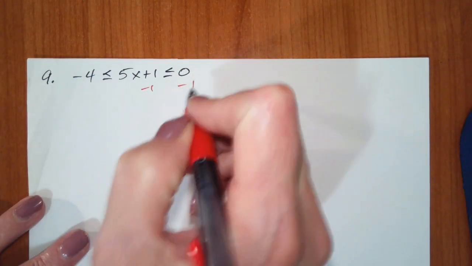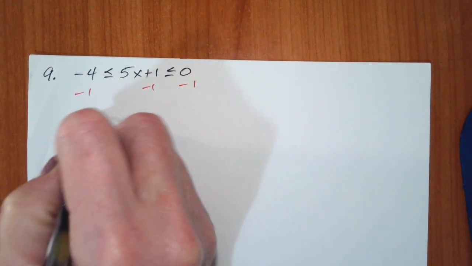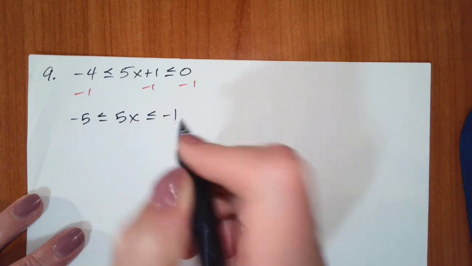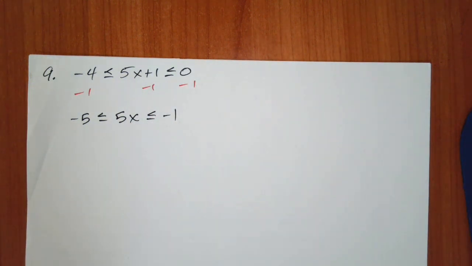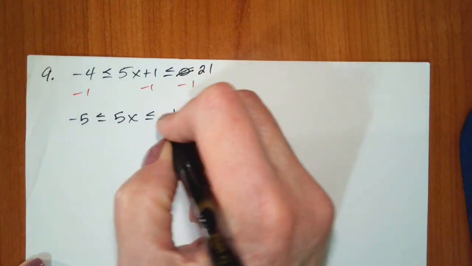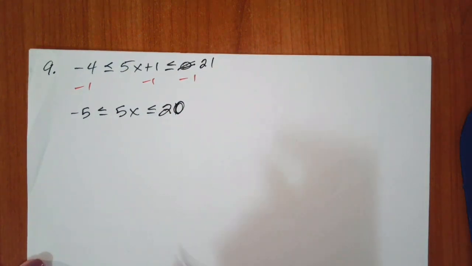So I'll start by subtracting 1 from everything. So that gives me negative 5 is less than or equal to 5x is less than or equal to negative 1. Oh, this is 21, I'm sorry. So this is 20. I knew something was wrong there. Okay.